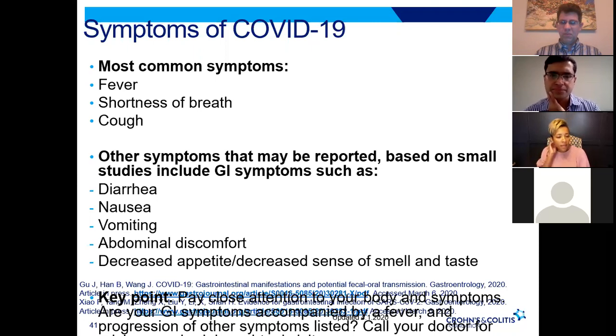So bottom line here is pay close attention to your body and your symptoms. Are your GI distress symptoms accompanied by a fever or progression of other symptoms like shortness of breath, headache? We know that majority of patients who present with GI distress won't just present with GI symptoms. They also typically have accompanying symptoms of fever, shortness of breath, cough.